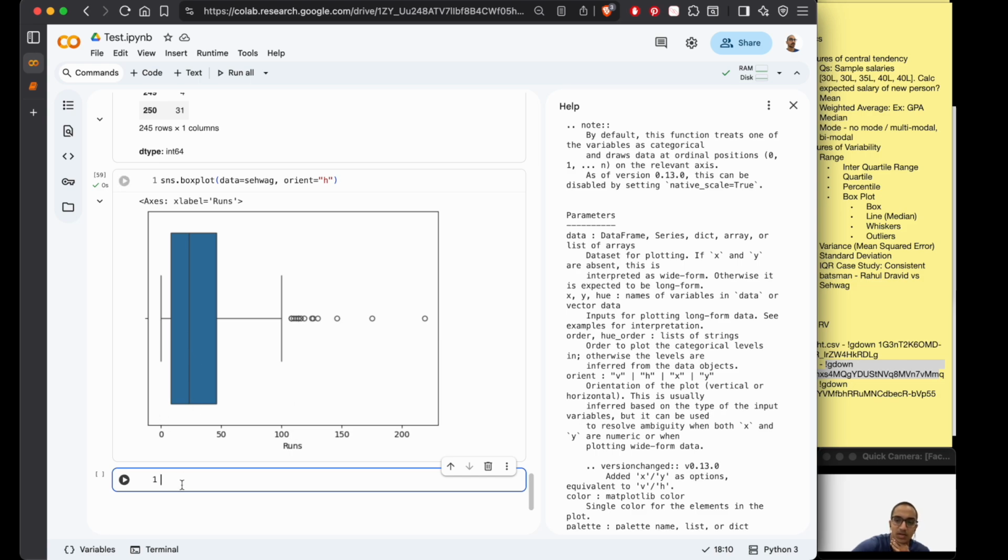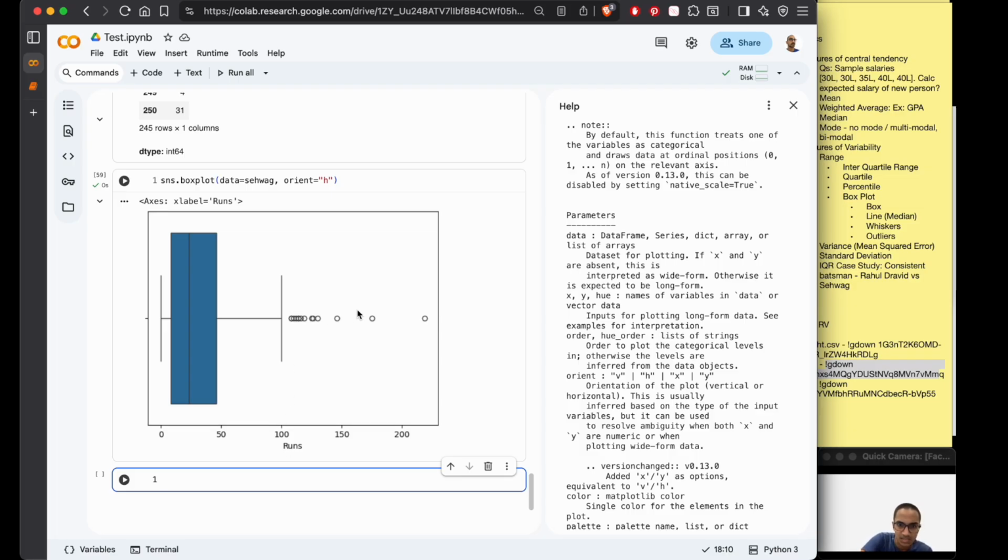Lower limit is 0 because there's no negative runs, right? Sehwag cannot hit negative runs. It's only positive, either he hits runs or he doesn't hit runs. So min value is 0 and the maximum value it considered is 100.